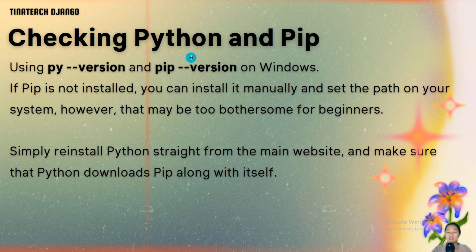And for the pip version, pip is also a software that's commonly used in Linux, any Linux distribution like Linux Mint or Debian. And pip will be the one that helps you to install Django. Now, you may have Python installed, but you may not have pip installed.